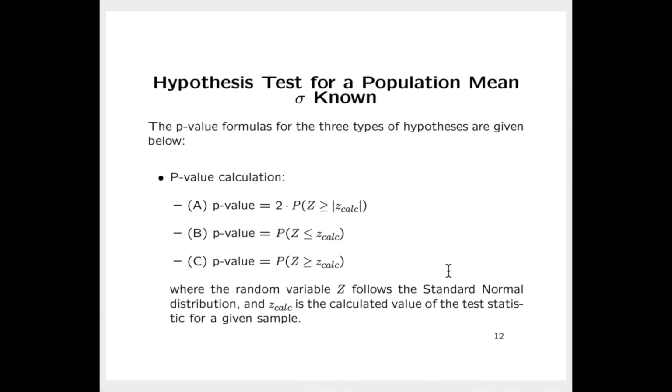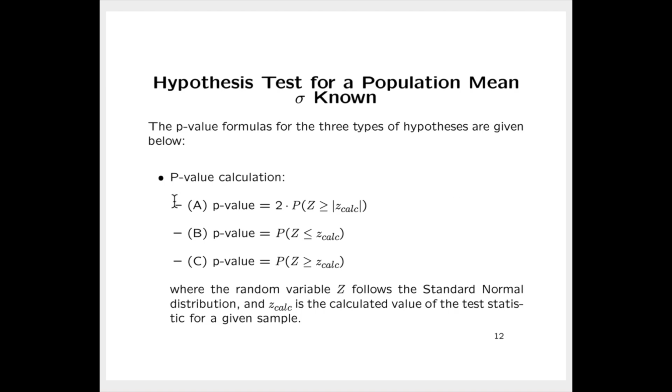Now, how do we calculate p-values? We've got a verbal description on the previous slide, but how do we actually calculate the p-value for a hypothesis test? Well, it depends on the type of test we're performing, right? Whether it's a two-tailed test, a left-tailed test, or a right-tailed test.